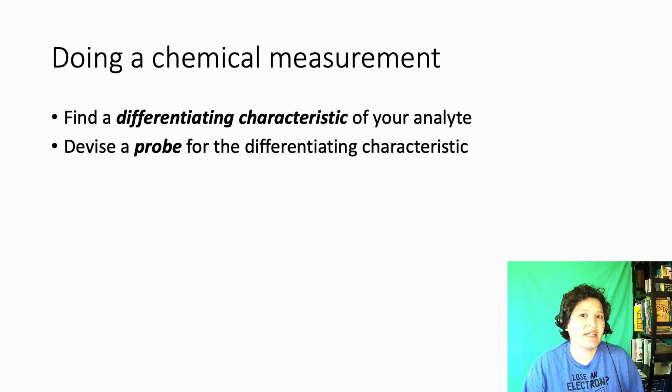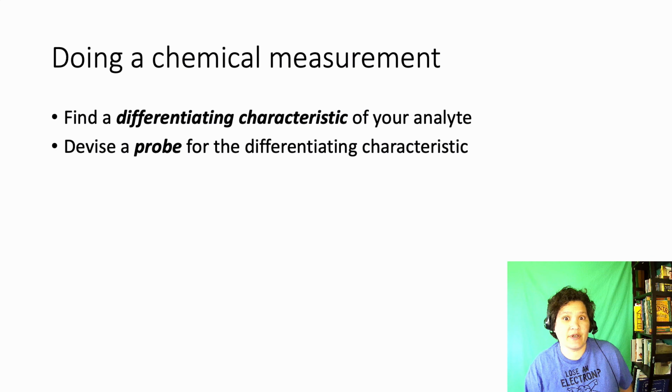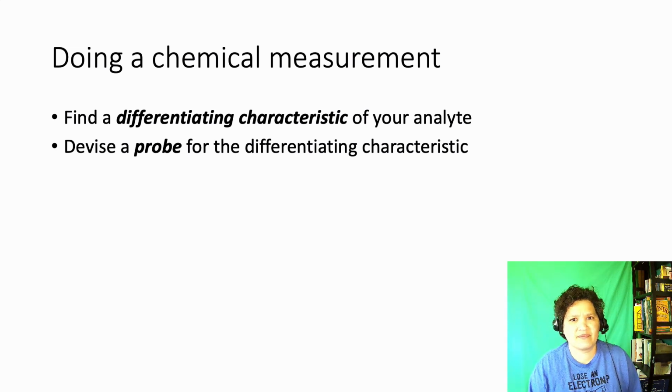If you can pick out one of those differentiating characteristics, then you create a probe, something that will interact with that differentiating characteristic. I know this is very vague. We'll give a real-life application later.